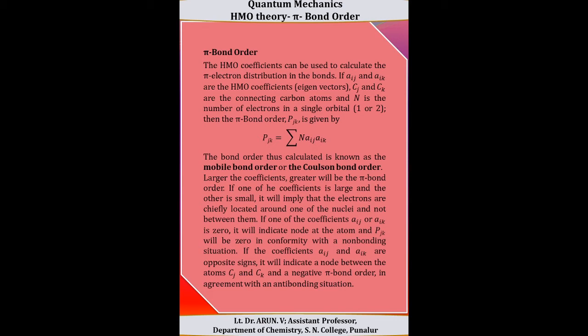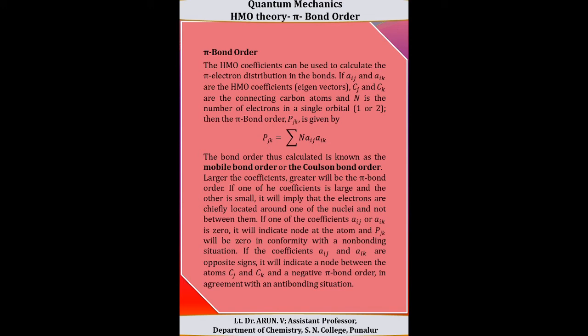If Aij and Aik are the HMO coefficients of the carbon atoms Cj and Ck, which are adjacent carbon atoms, and n is the number of electrons in a single orbital, which may be 1 or 2, then the pi bond order Pjk is given by the equation Pjk equals sigma of n Aij Aik.